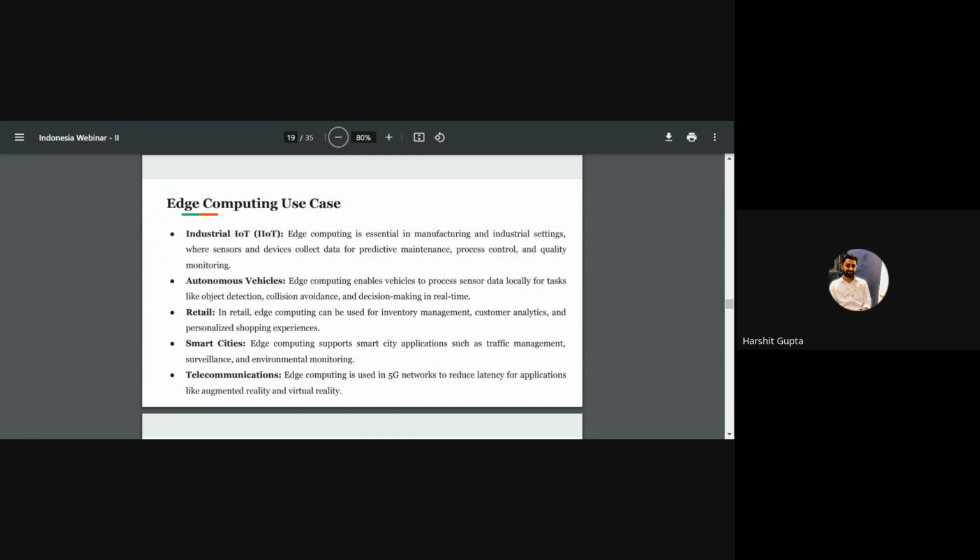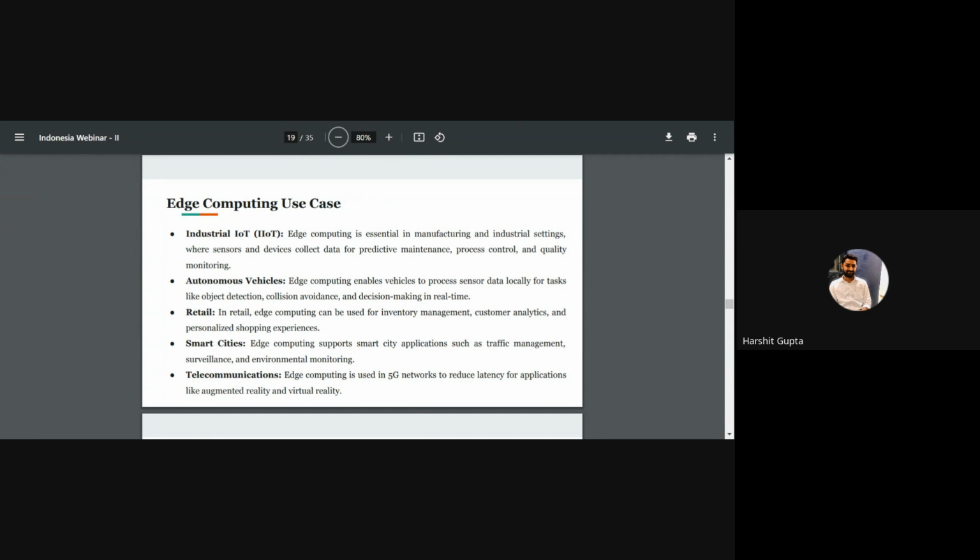Now for simple use cases, we can see industrial IoT, autonomous vehicles, retail, smart cities, and telecommunications. All these are very good use cases of edge computing. Take the example of an autonomous vehicle, where real time processing is required.